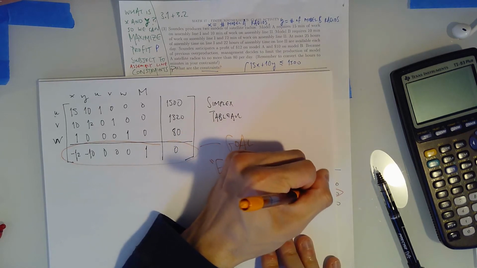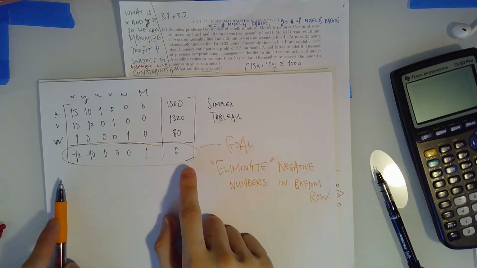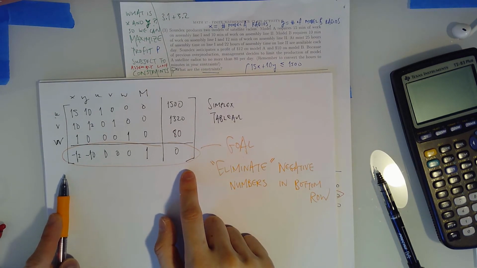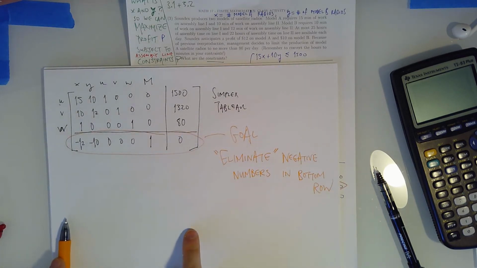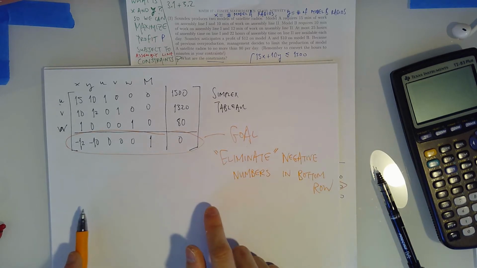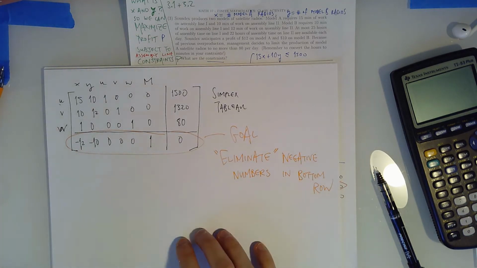That's the ultimate goal. So what we're going to do is do a process, which I'll describe in a second, where we get another matrix, and then if we see any negatives, we have to do that process again, until there's no more negatives down here. What's that process? Well, here we go.